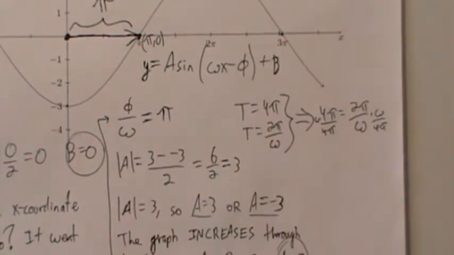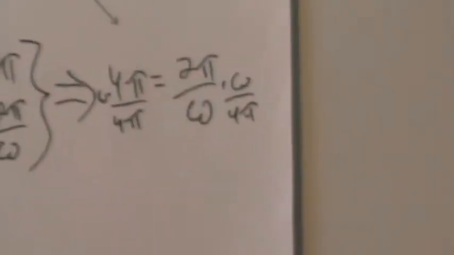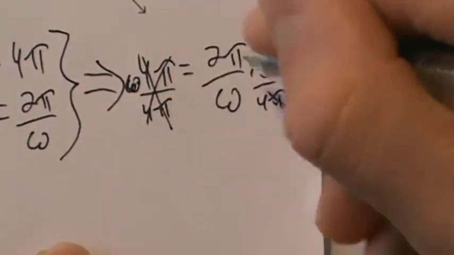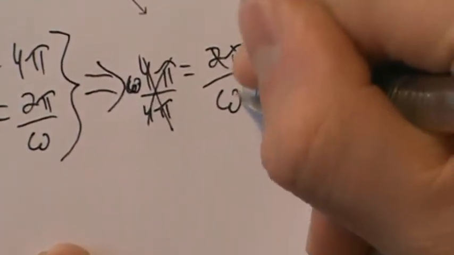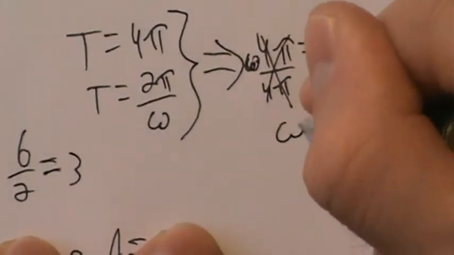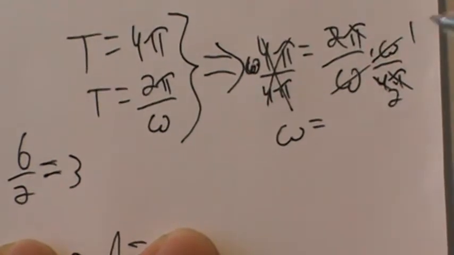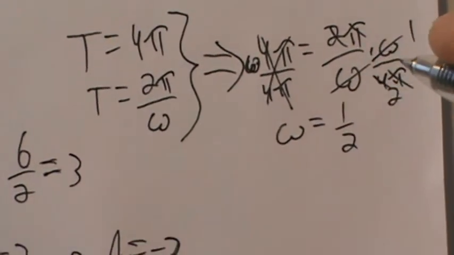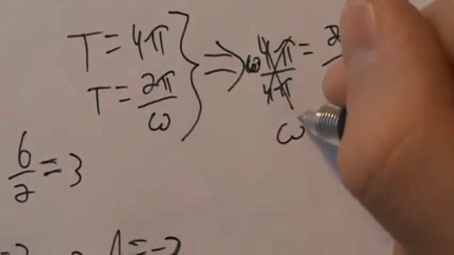Zoom in a little bit here. So that's an omega right there. So then 4 pi cancels, pi is canceled, 2 goes into 4 twice, and then omega is canceled, we're left with the 1 on top. So then omega equals 1/2. Okay, so that's our omega.